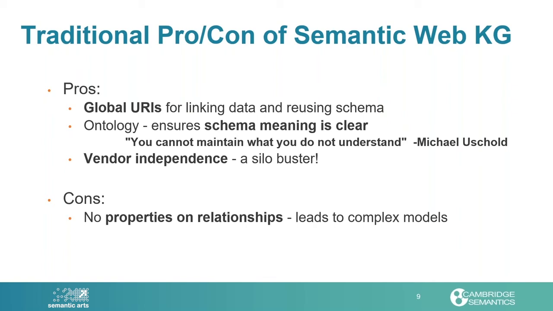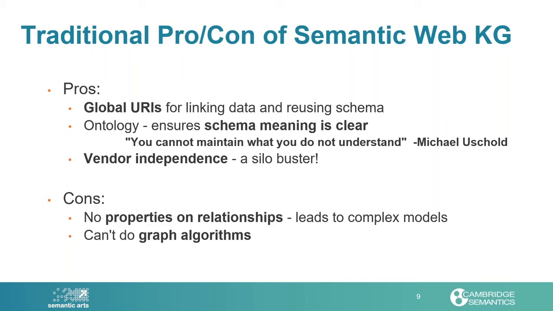In a semantic web graph, there are no properties on relationships, so this can lead to more complex models. You have to create an intermediate object called a route and point at the two ends and put a distance on that. So that's been a con traditionally that people have brought up, and people sometimes feel that labeled property graphs could be easier because they allow that kind of modeling.